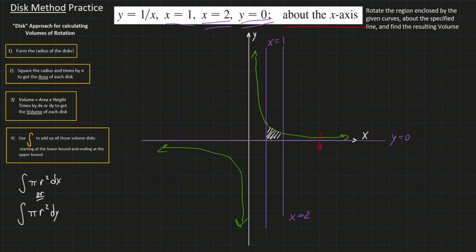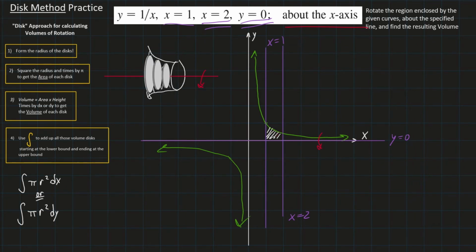And it's going to be a small volume. We take this area and rotate it about the x-axis, and we'll end up with something like this. Something like that. So we can imagine this shape as a bunch of disks stacked up on each other.